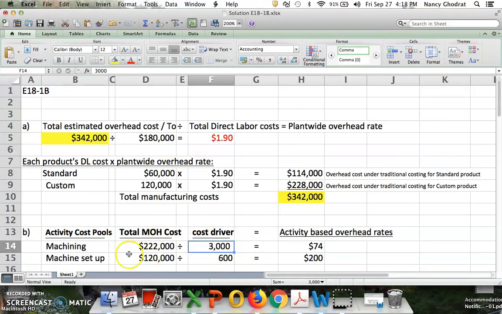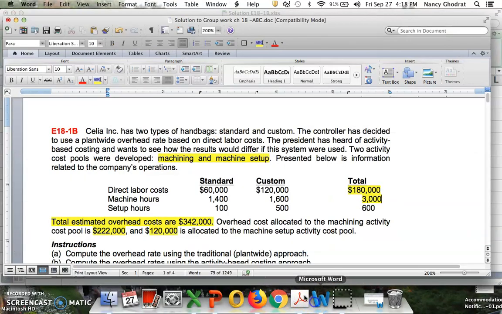So taking the machining manufacturing overhead cost divided by the 3,000 cost driver, our activity-based overhead rate for machining cost pool would be $74. Now we do the same concept for machine setup. Remember, they told us it is manufacturing overhead cost for machine setup.